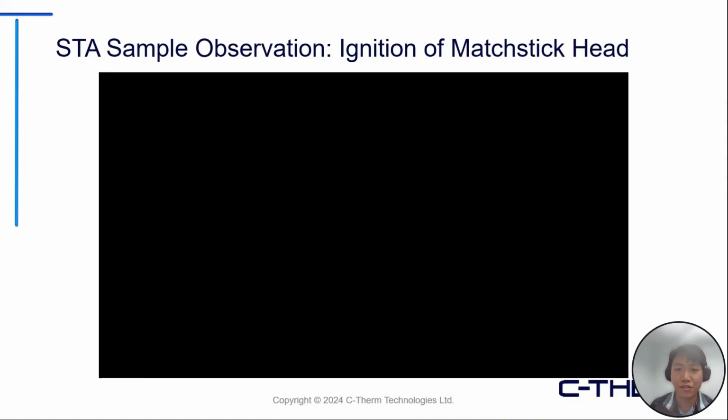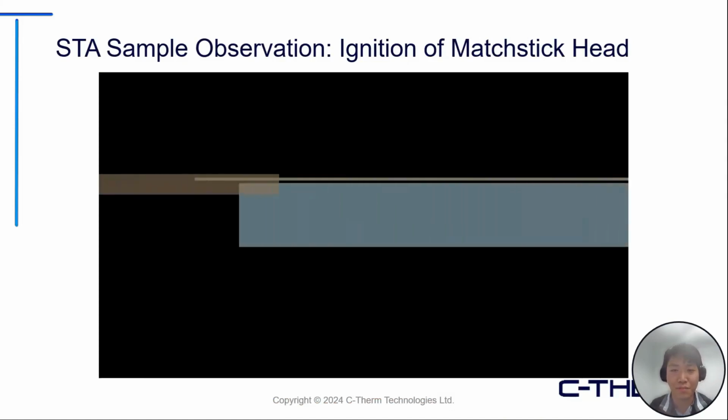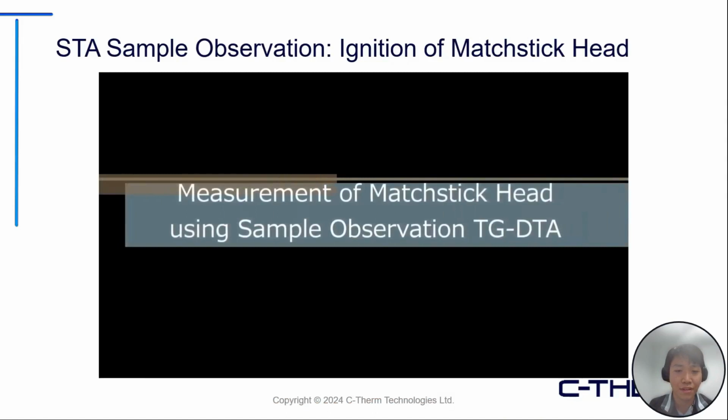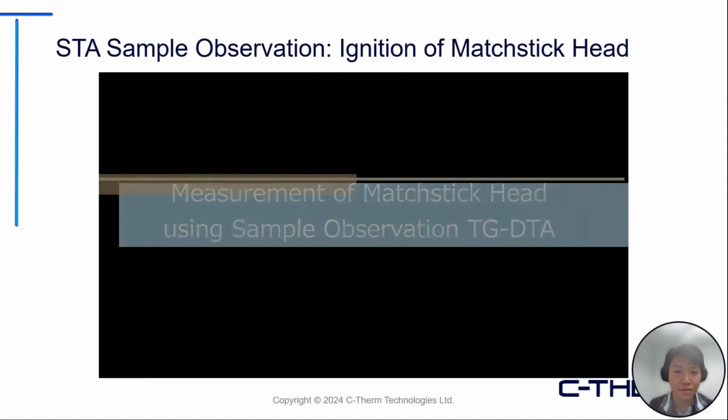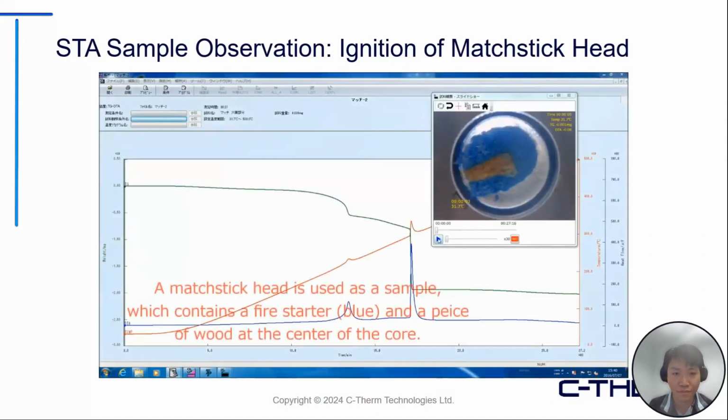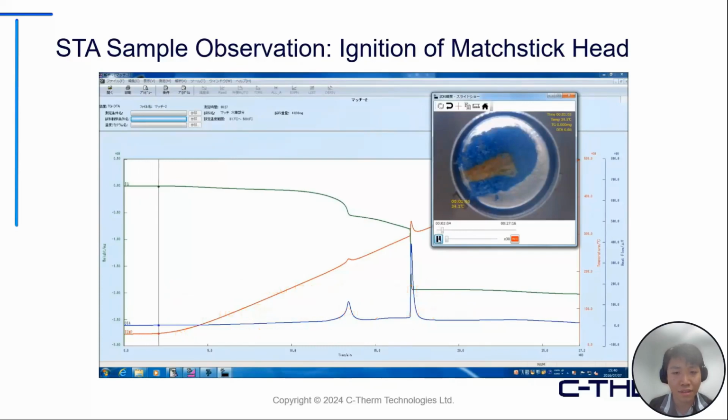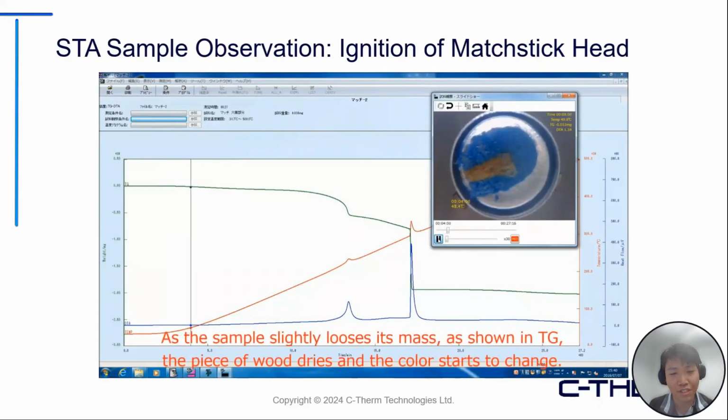And lastly, I'd like to show you this application with the matchstick head. So this is a piece of matchstick that's getting heated. And as you can see, the TGA curve is slightly trending down, which signifies some mass loss.